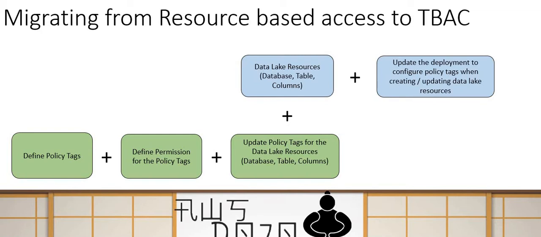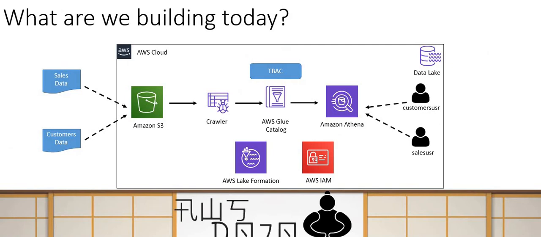So having talked about that, what we are going to build today: I have already created a workshop a long time back, and that workshop helps you configure a data lake based out of S3.